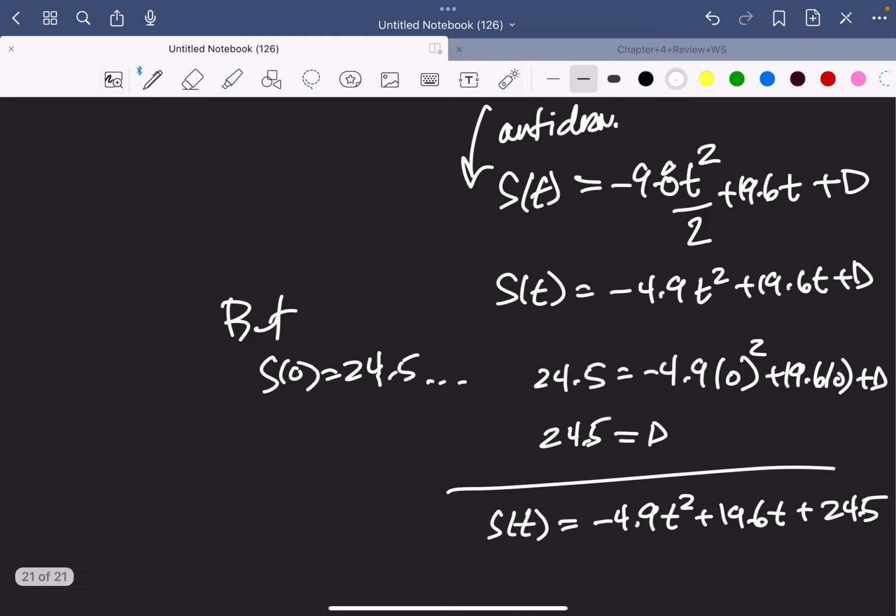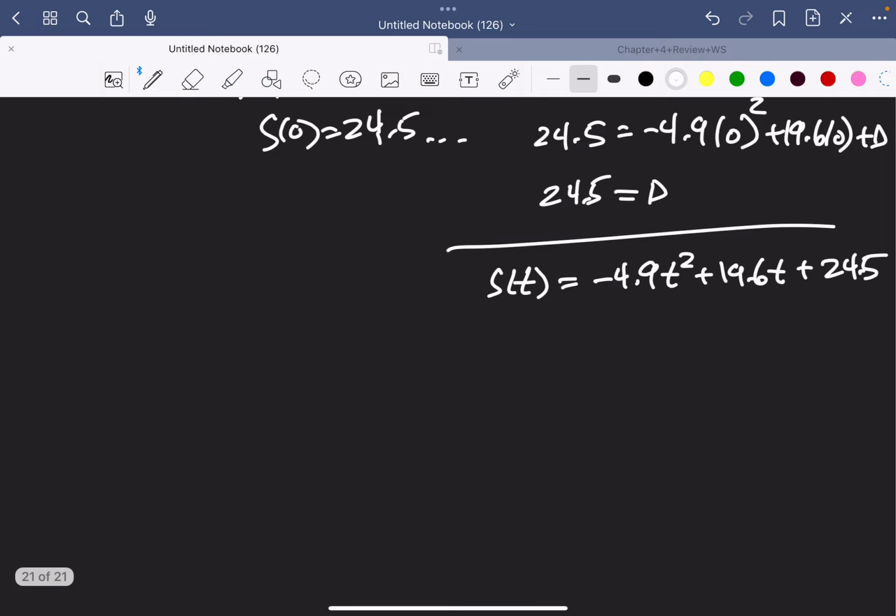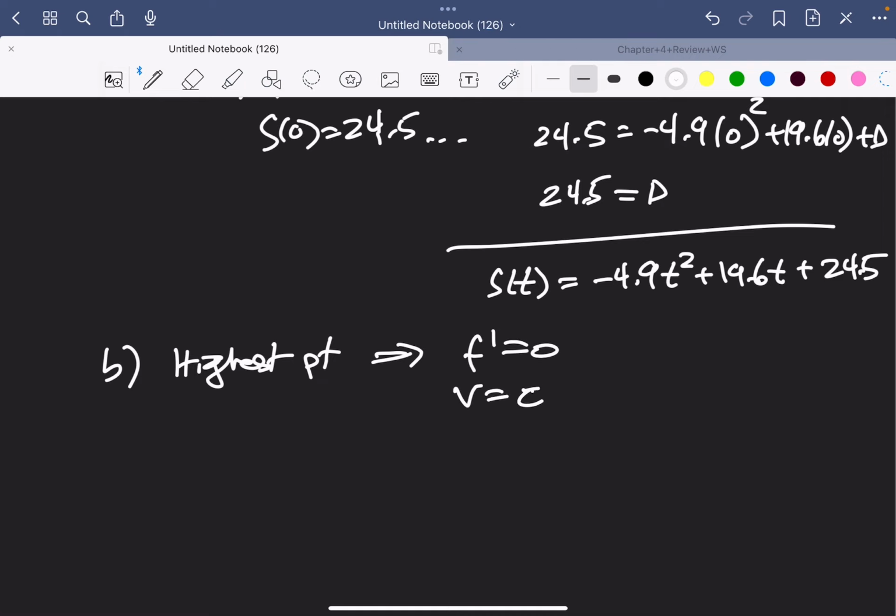Oh, it's where the velocity equals 0. So highest point implies derivative equals 0. In this case, that's velocity equals 0. So that's negative 9.8 t plus 19.6 equals 0. When you solve that, you get t is equal to 2 seconds.